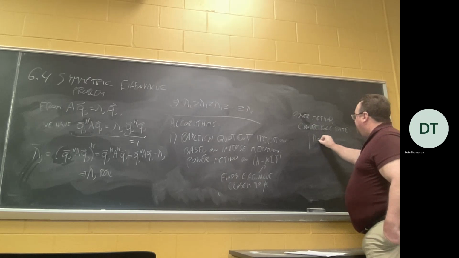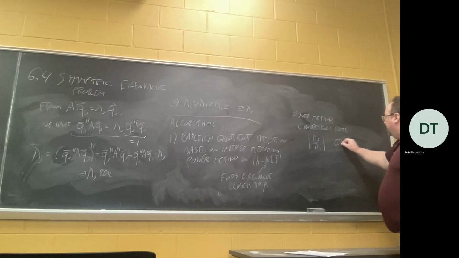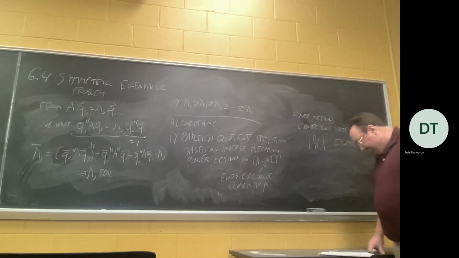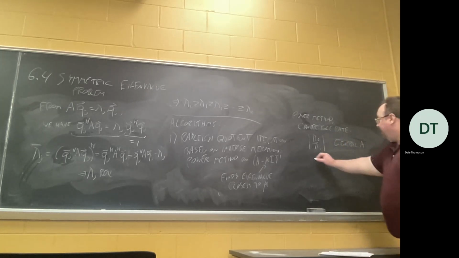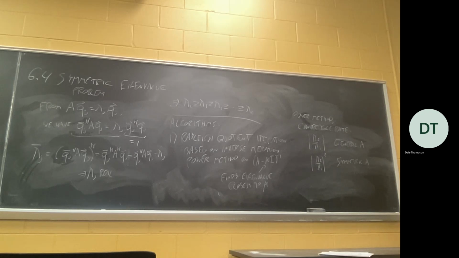It's given by lambda 2 over lambda 1, so second largest over the largest in the general case, so general unsymmetric A. But it turns out that if A is symmetric, the convergence rate is squared. So the power method, when it does converge, converges much more rapidly than for an unsymmetric matrix that has the same real eigenvalues. So right off the bat, you have an advantage there.